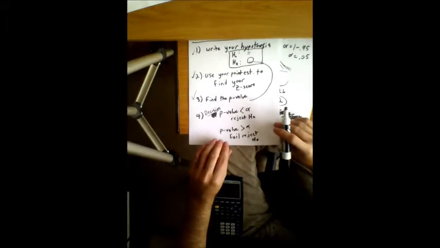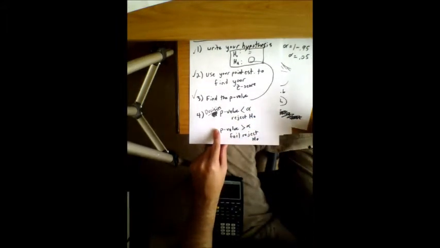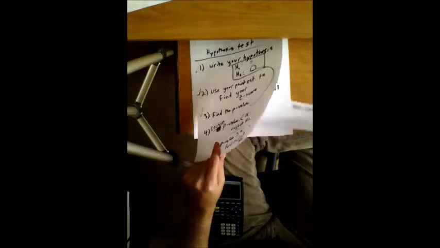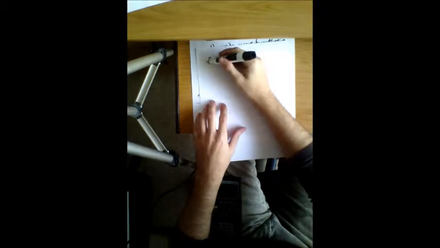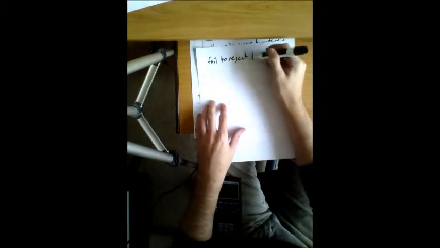So what do we say when that happens? When the p-value is large, we fail to reject H0. So what we can conclude is that we fail to reject H0. Okay, so what does that mean in English? You should, of course, think about what that means.